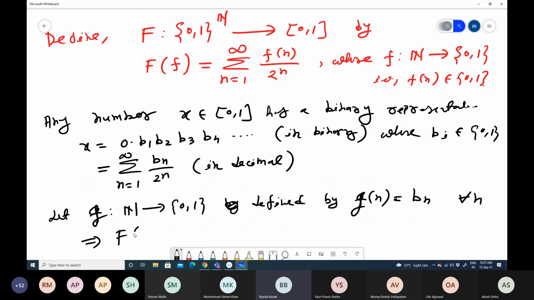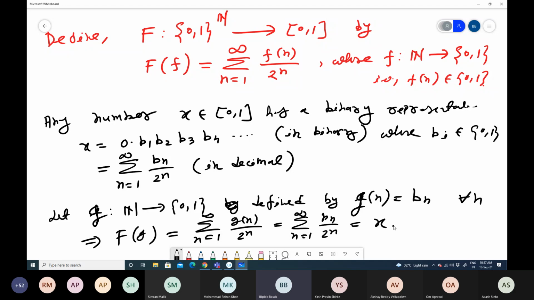That implies capital F of g equals the summation n equal to 1 to infinity of g of n by 2 to the power n, which equals the summation of bn by 2 to the power n, and that is x. So this is surjective. So that implies F is surjective.